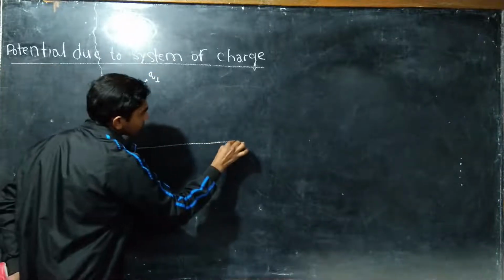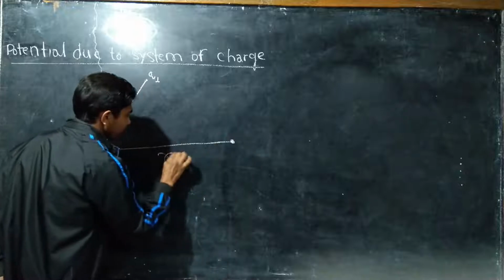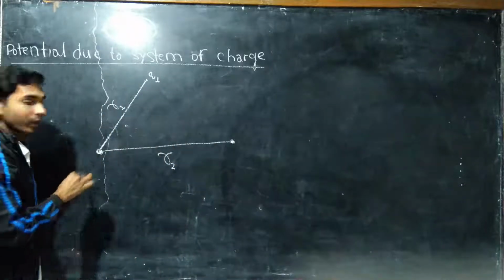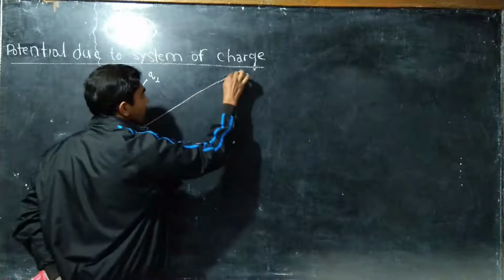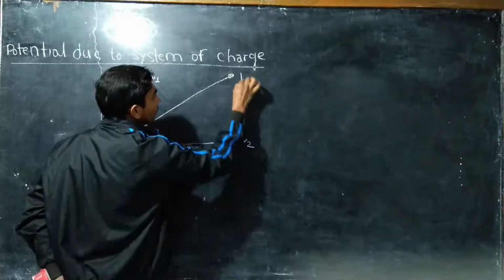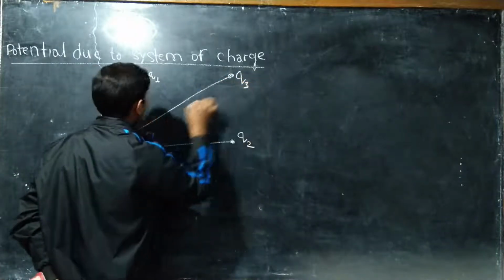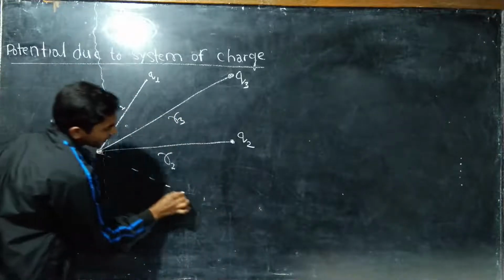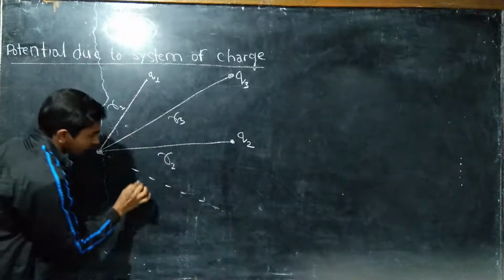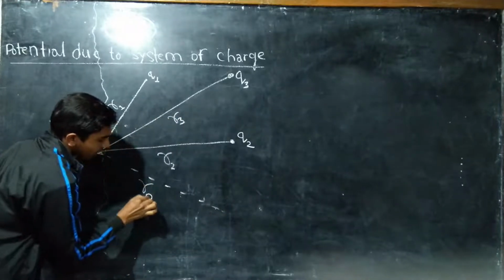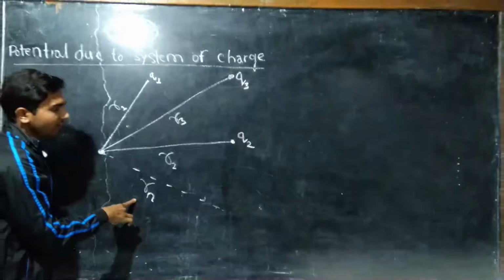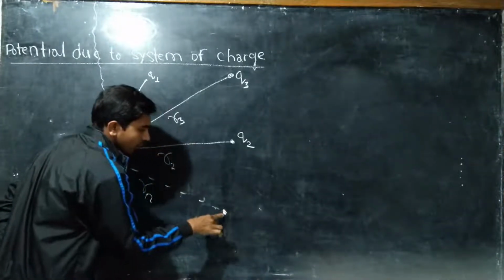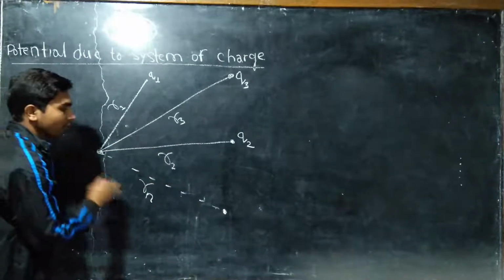Similarly, another charge q2 is present here, with separation r2. Another charge q3 is here, with separation r3. Similarly n charges are present, and this is rn.